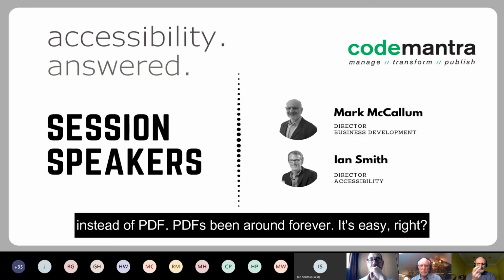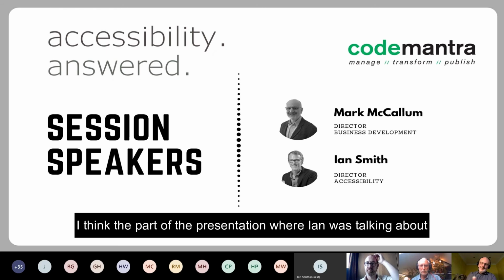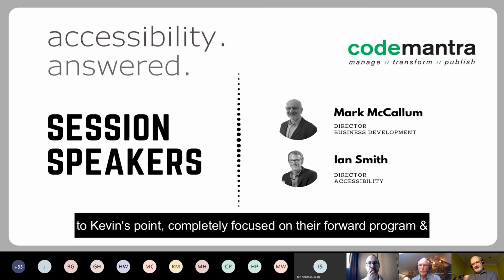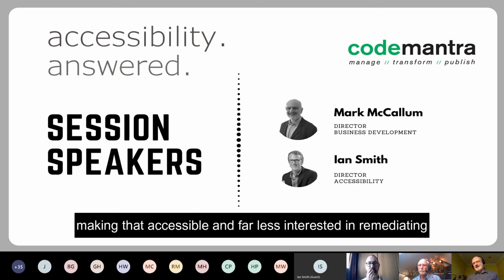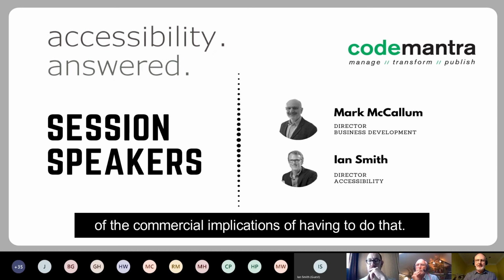Right? And if I can come in on Kevin's question, I think of the part of the presentation where Ian was talking about the creation of the alt text. We work with a lot of publishers who are, to Kevin's point, completely focused on their forward program and making that accessible, and far less interested in remediating existing titles, not least because of the commercial implications of having to do that.